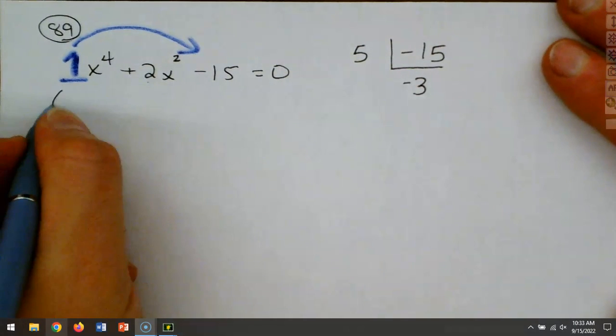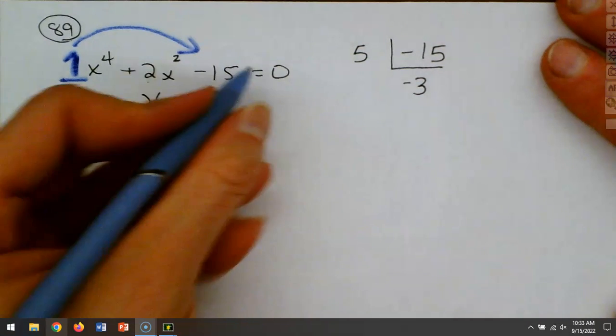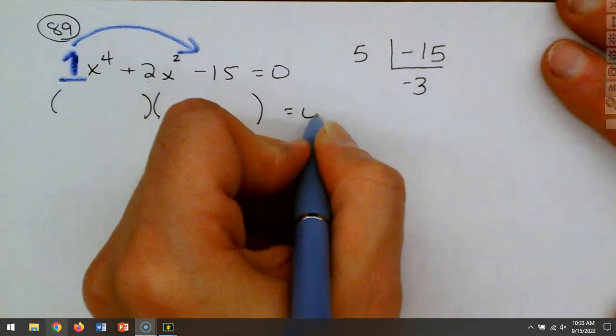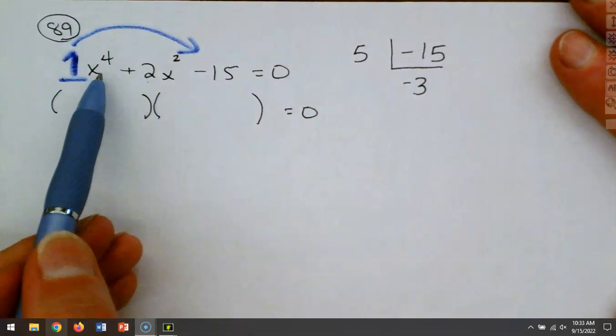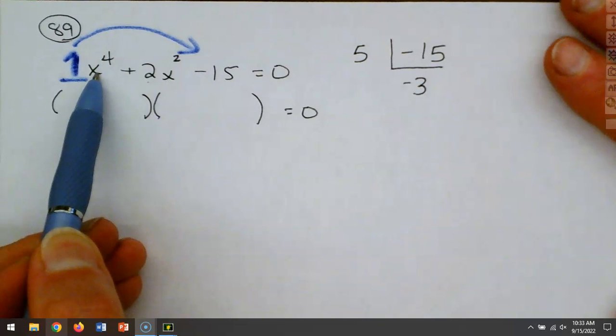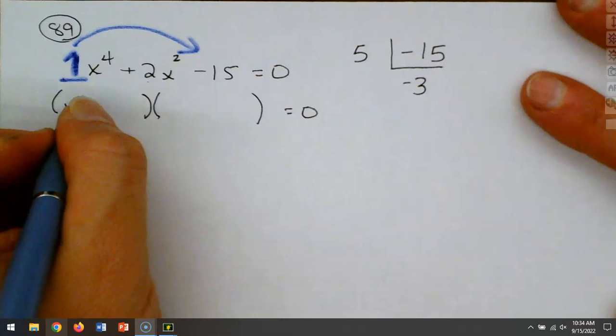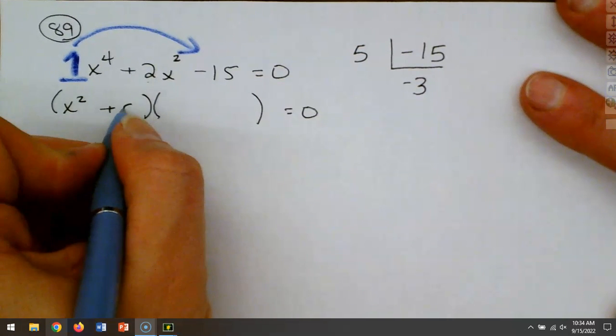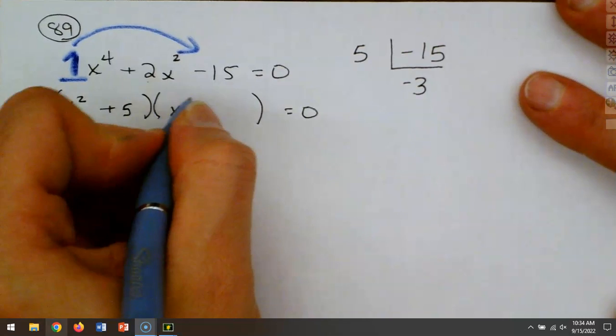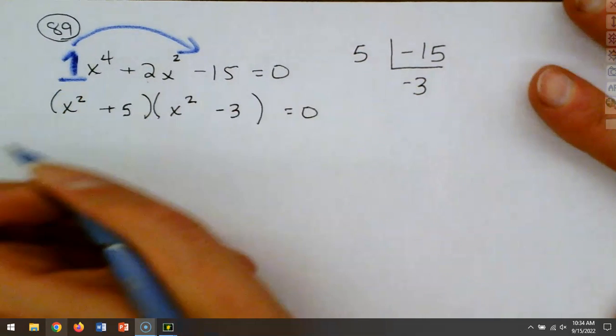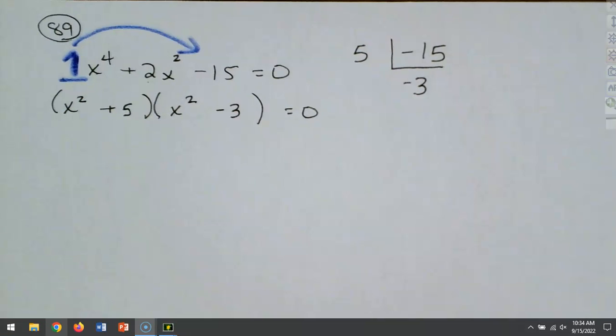Normally, it would factor into x plus 5, x minus 3. But it's not x squared, it's x to the 4th now. So this is going to factor into x squared plus 5, x squared minus 3. So it's just got one extra small step here.